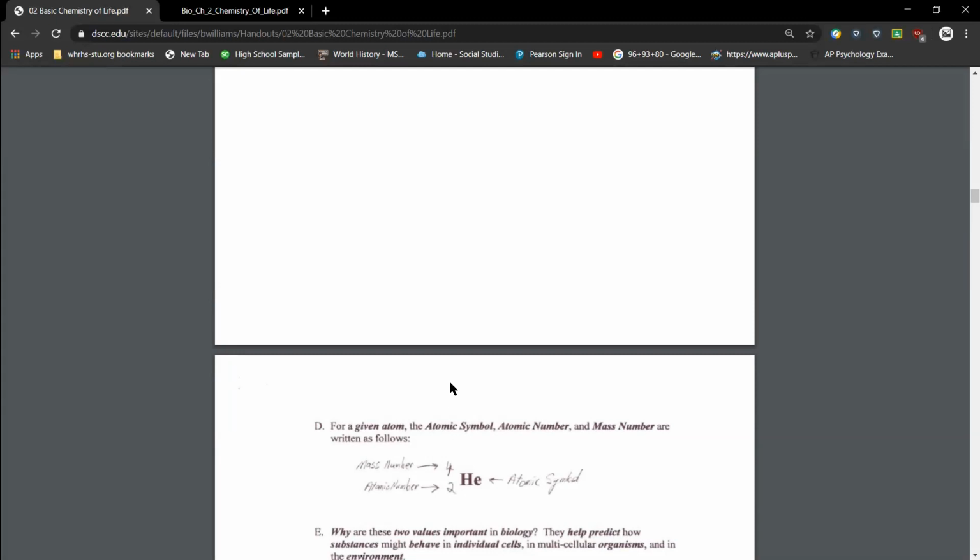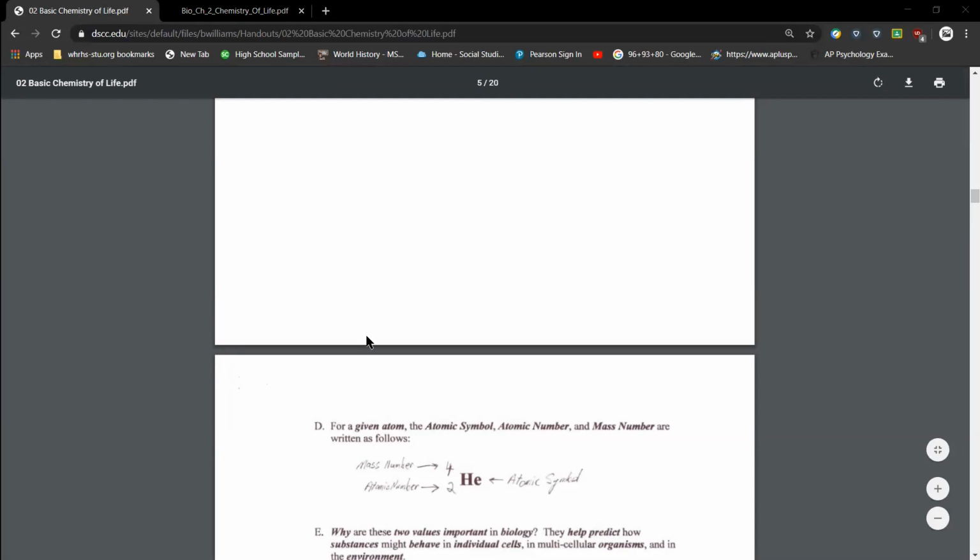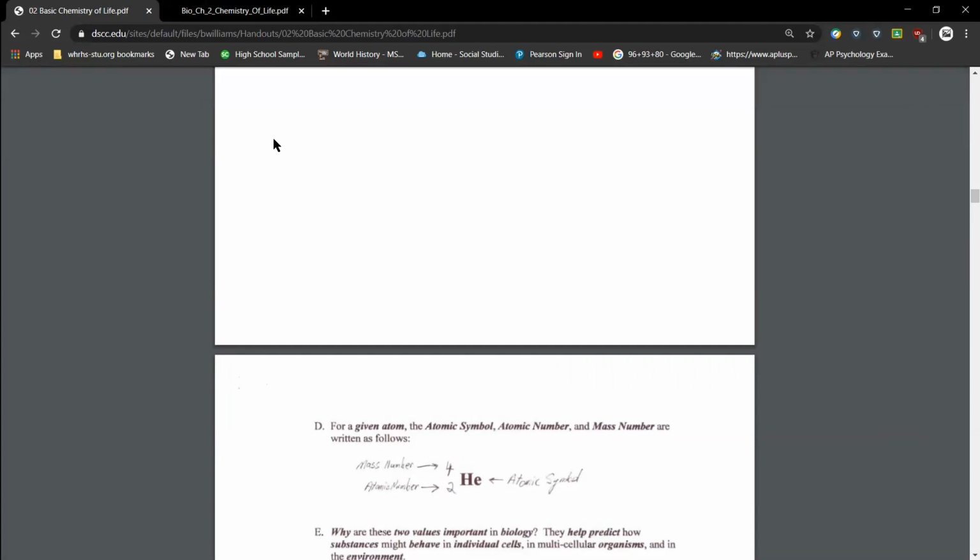Interestingly, what we can, well, first, let's just look at this. Okay, so this is an example of an atom, right? You have the nucleus, the blue is the neutrons, the green is the protons. You can see the protons have a +1 charge, and the electrons have a negative charge.